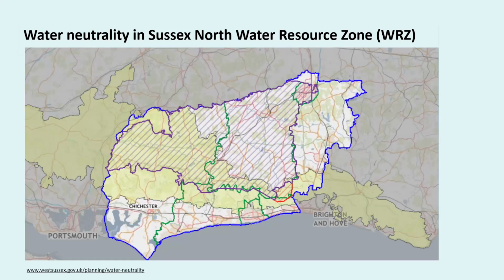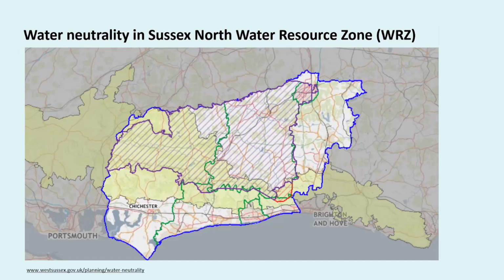In September 2021, Natural England informed local planning authorities that new development applications in this region must not add to the existing water demand. This situation arose because Natural England was unable to conclude that existing groundwater abstraction at Hardham was not having an adverse impact on the Arun Valley SAC, Special Area of Conservation, Special Protection Area, and Ramsar site. So those are all habitats sites, what were formerly known as European habitat sites.